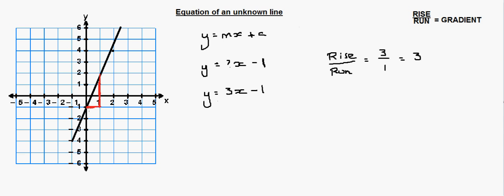Now I'll just show you, if I do this in green, supposing I came along here and I come out 3, instead of 1, and then I come up until I hit the line. Well, better come out 2, because I won't hit the line otherwise. Keep going. There. So I've come out 2 and I've gone up.